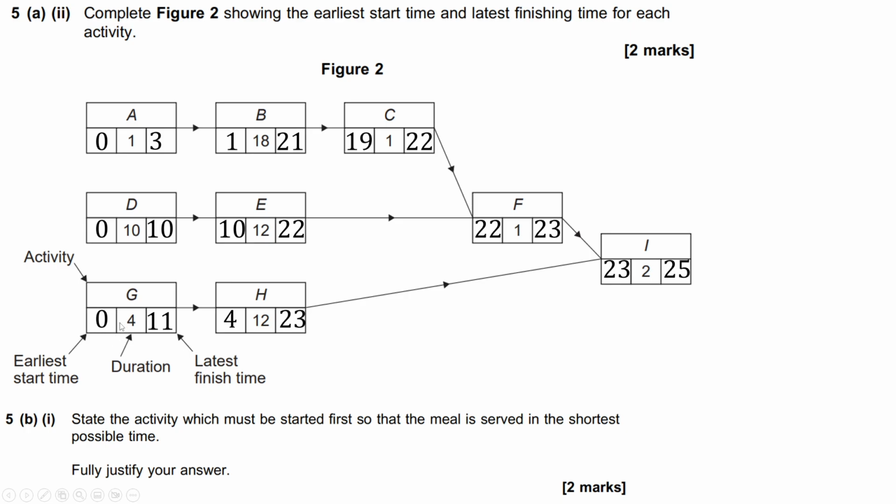Now, G, the earliest time it can start is at the 0th minute. So it can start straight away and it can go on for 4 minutes. And then this one can start by the 4th minute. Now, this one has a lot of wiggle room. This one can start at the 7th minute actually. The latest time it can start, not the earliest, is the 7th minute, and it would still be done by at least the 11th minute.